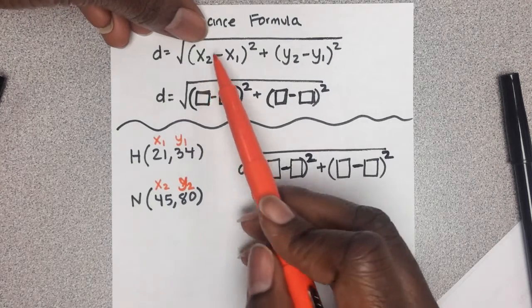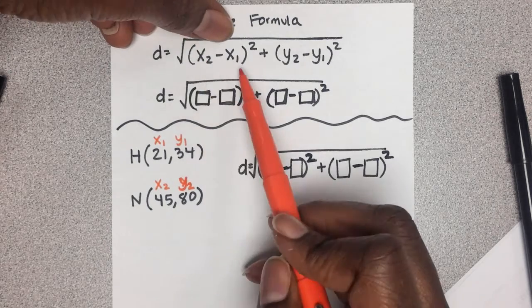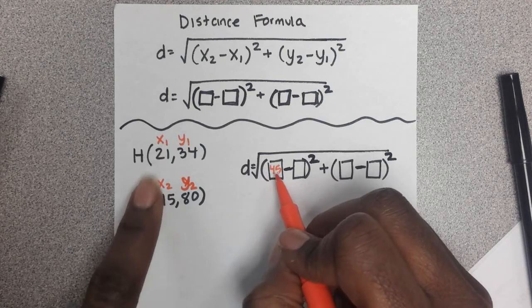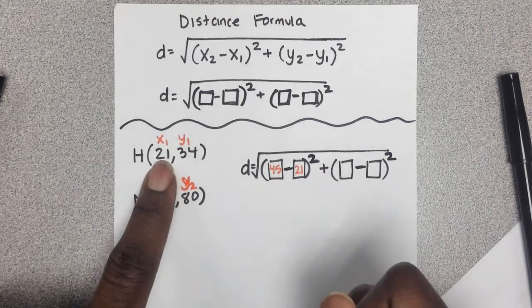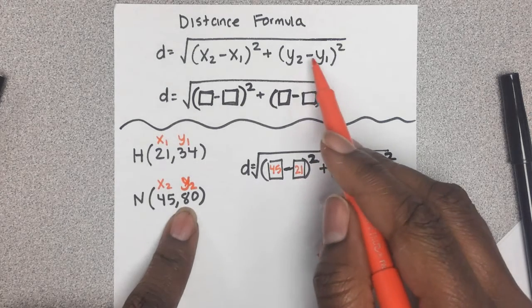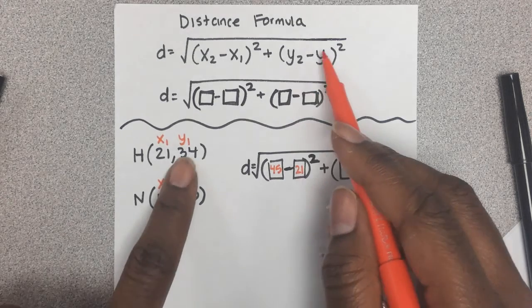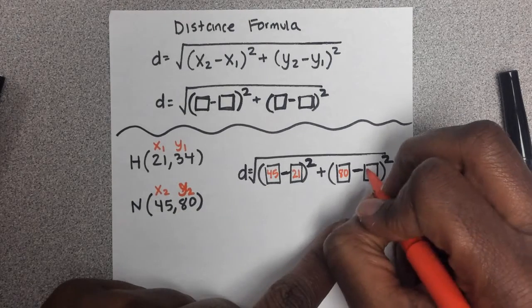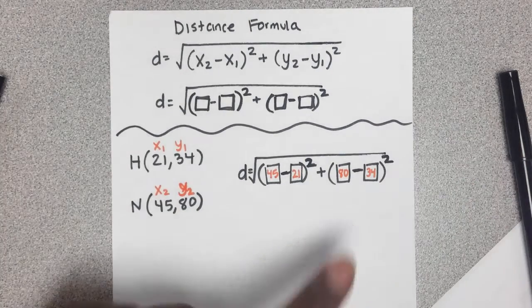The formula tells me that x2 gets plugged in first, then x1. So x2, then x1. And then the other part of the formula tells me that y2 gets plugged in, and then the y1. So that would be 80, then 34.